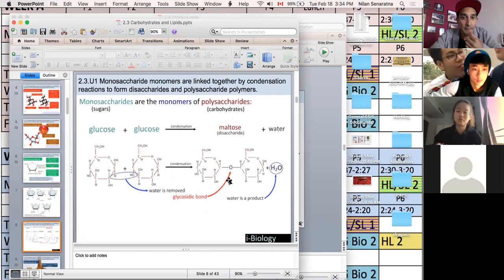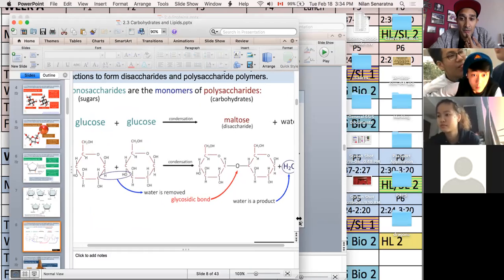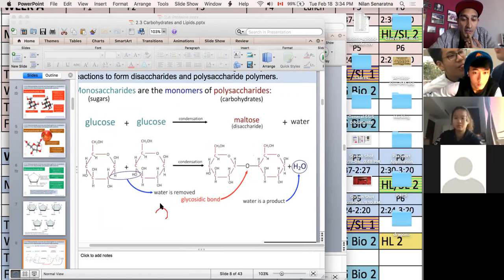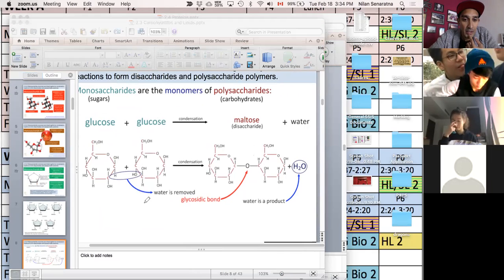This slide has a mistake in it. That's a good observation. You can see here, let's take a different color. He was pointing out that this highlighted part takes an H and an OH, which gives us water.